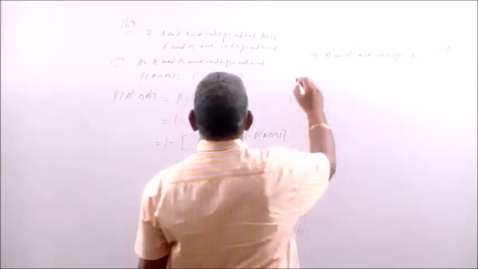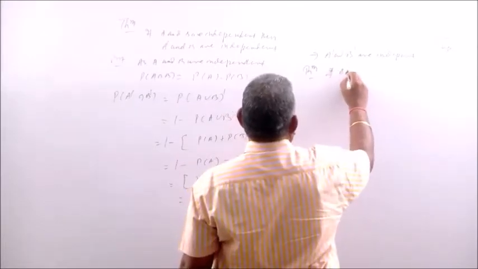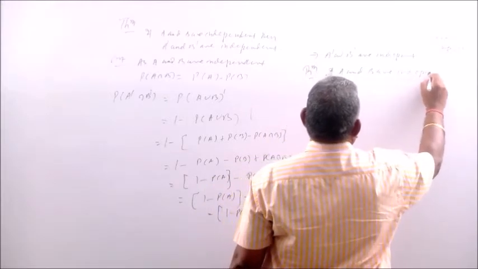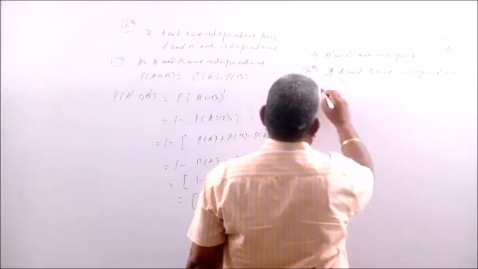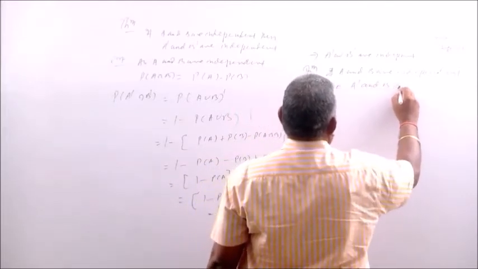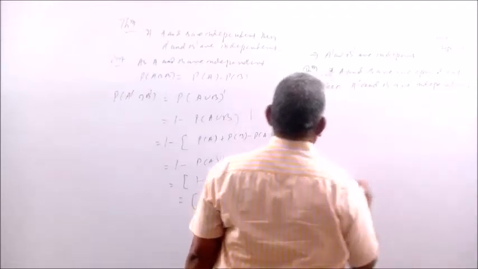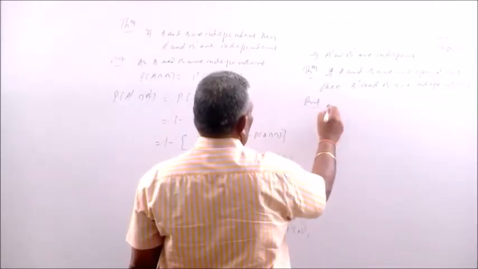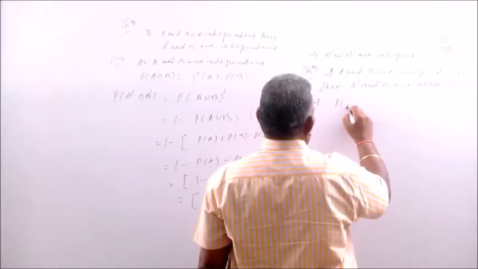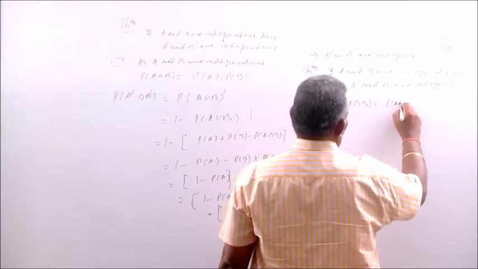Similarly, there is another theorem. If A and B are independent, then A dash and B are independent. From the definition of independent events, as in the previous theorem, P(A intersection B) equals P(A) into P(B).